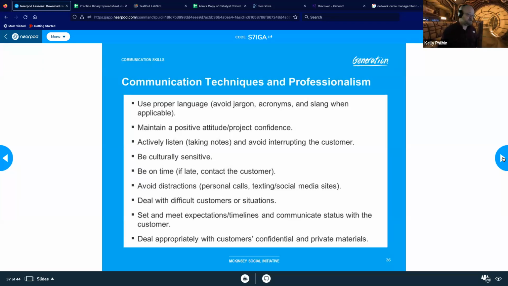I know your hard drive just crashed, but it is a beautiful day outside. Try to maintain that positive attitude and confidence. We've talked about this quite a bit in this course. We have to develop that confidence, because if you come off as nervous or uneasy, they're not going to want to do what you're asking them to do.